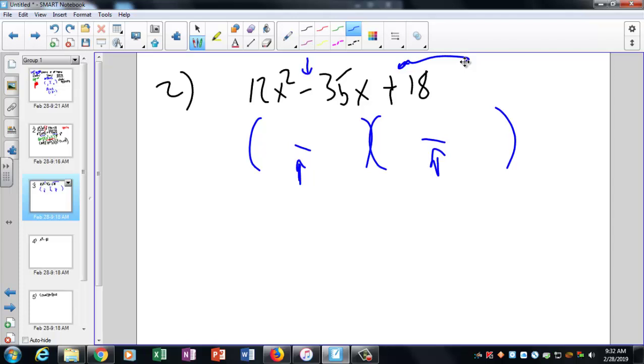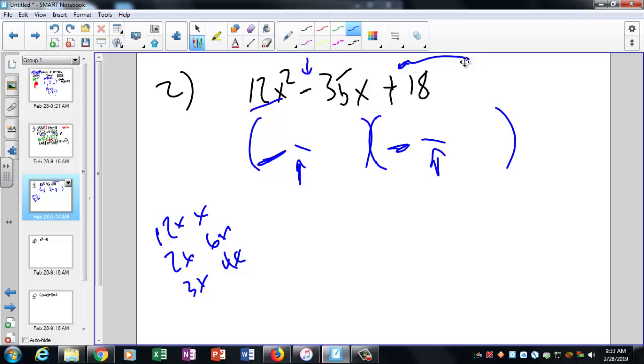Now, what do you do from here? Well, this number and this number have to multiply to be 12x squared. So you could do 12x and x. You could do 2x and 6x. You could do 3x and 4x. Those are your only options. Do we agree?